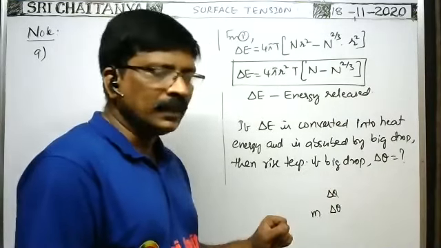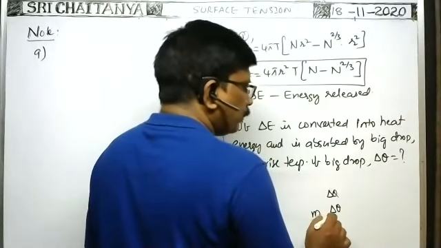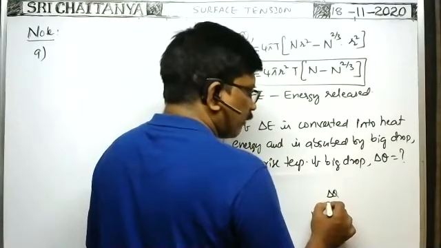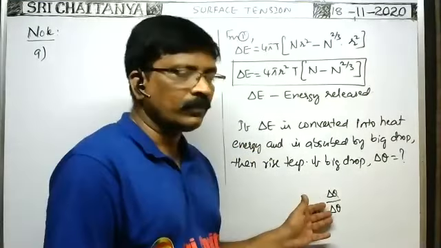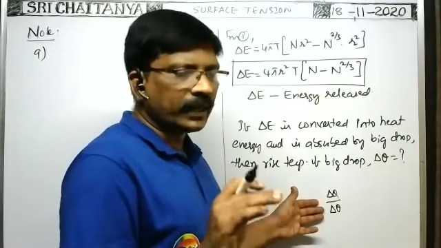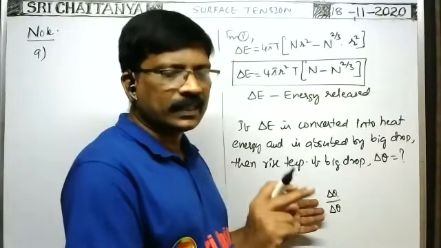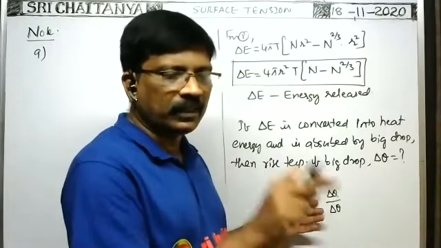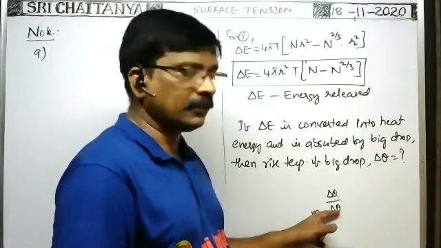Then the heat energy required to raise the temperature of the given body by 1 degree Kelvin or 1 degree centigrade means delta Q by delta theta.